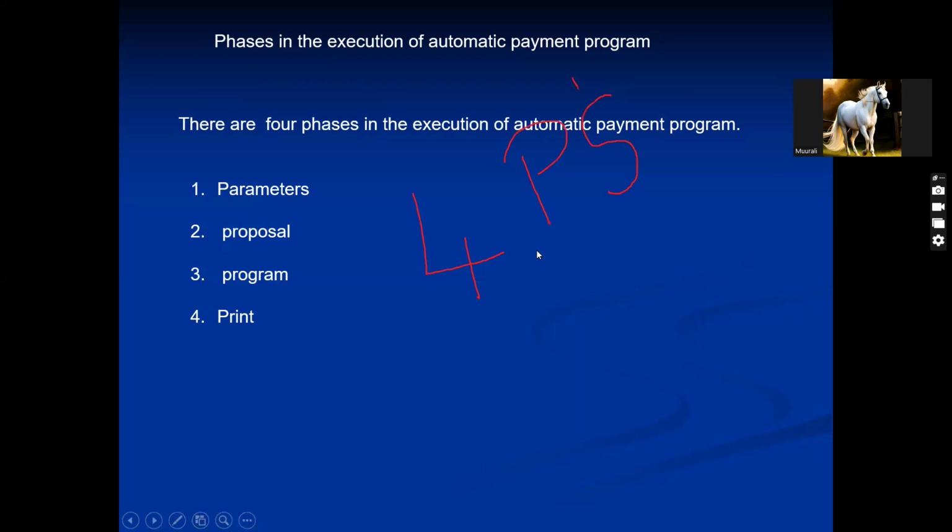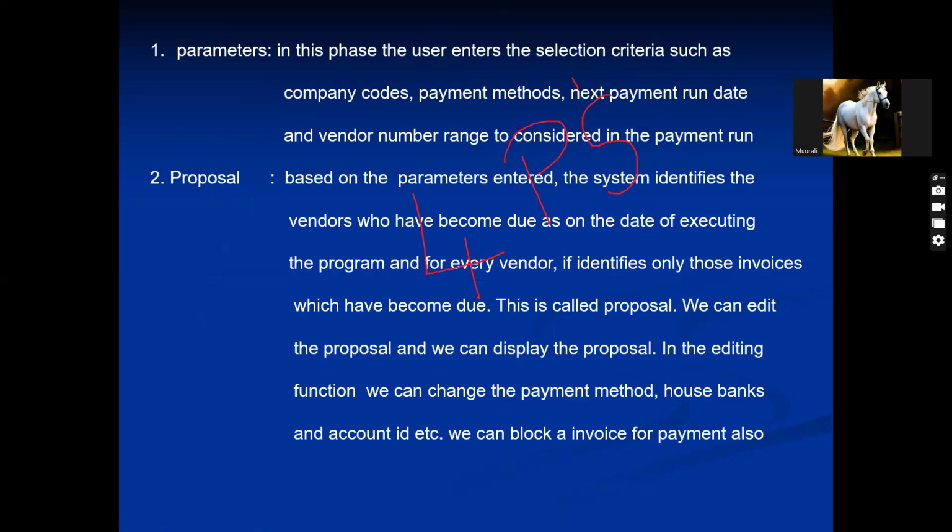So what happens in the parameter phase? In this phase, the user enters the selection criteria such as the company code, payment method, next payment run date, and number range to consider for the payment run.